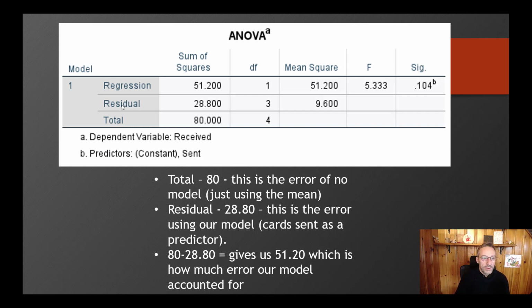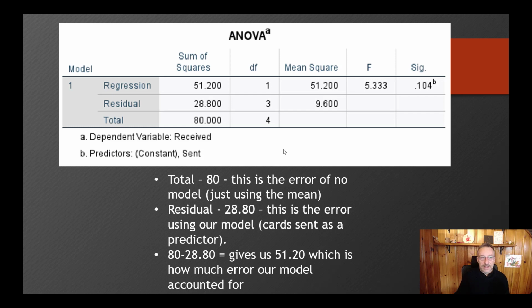Our model, the residual, what we got the error down to was 28.8. That's how much error was left after we used cards sent as a predictor. If you take 80 minus 28.8, what you get for the regression line here is a 51.2, meaning that our model explained 51.2 basically of the error, which left us with 28.8.